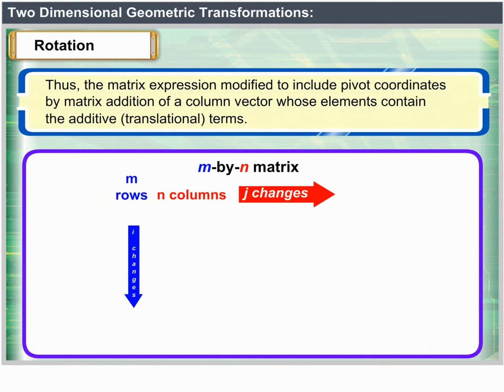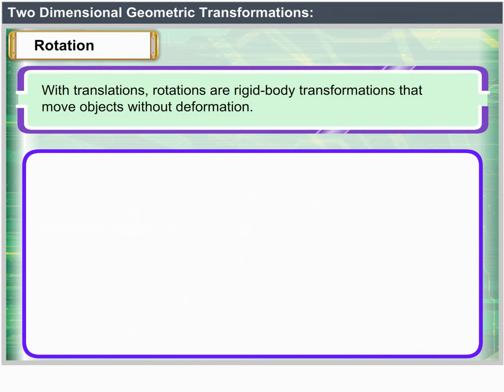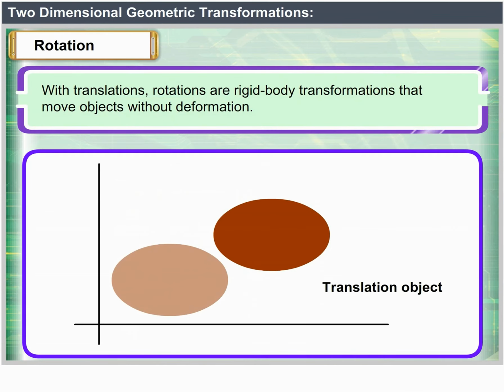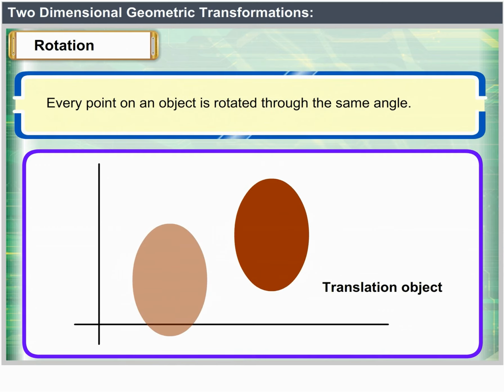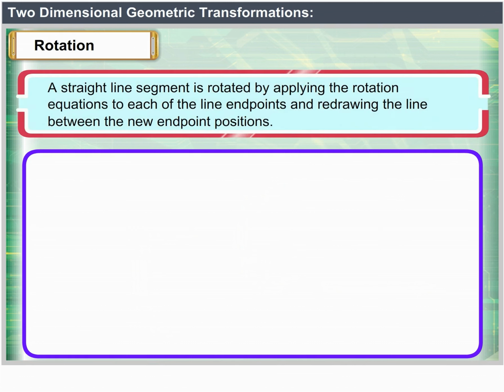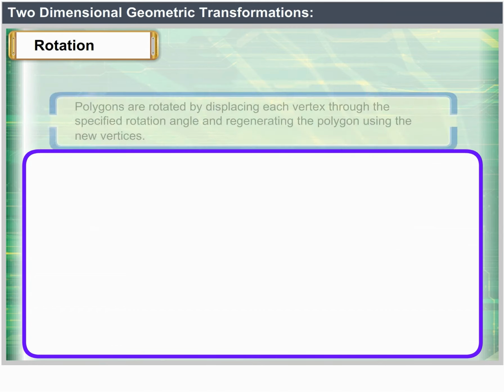As with translations, rotations are rigid body transformations that move objects without deformation. Every point on an object is rotated through the same angle. A straight line segment is rotated by applying the rotation equations to each of the line endpoints and redrawing the line between the new endpoint positions. Polygons are rotated by displacing each vertex through the specified rotation angle and regenerating the polygon using the new vertices.